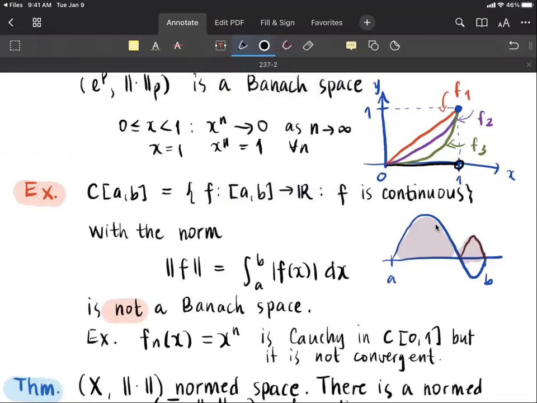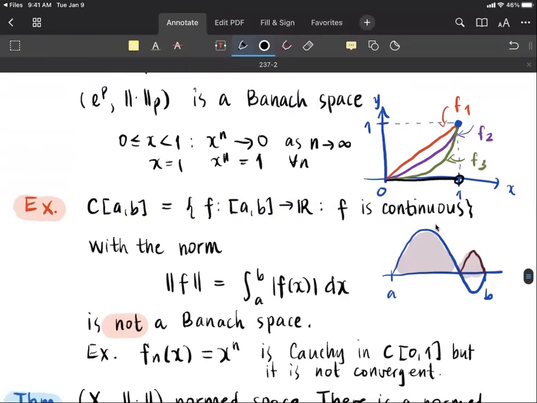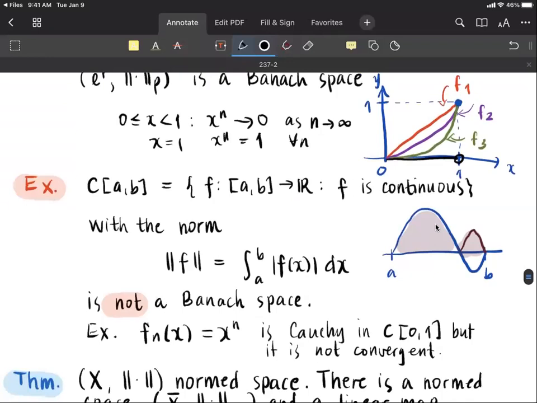So that's why this space of continuous functions with respect to this norm, the integral of the absolute value, would not be complete. So that is the idea of this example here. You could verify that this is indeed a Cauchy sequence.